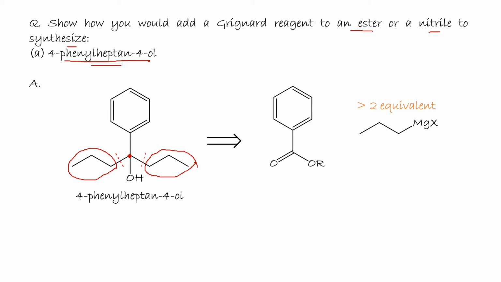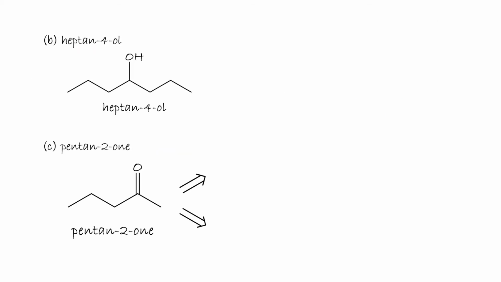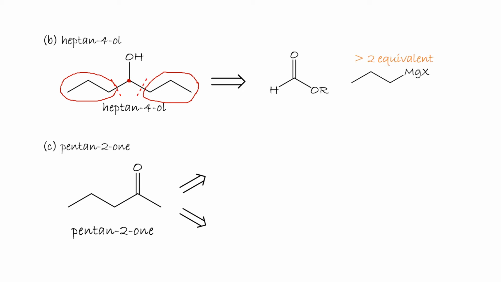We use 2 equivalents, of course, of Grignard. Here, again, this carbon will be our ester source, and these 2 sides will be our Grignard. Okay, ester and then 2 equivalents.